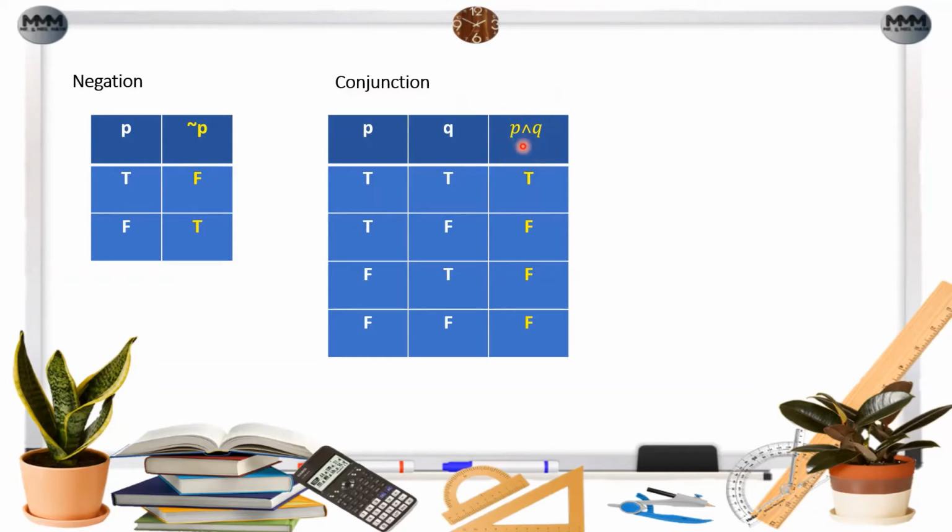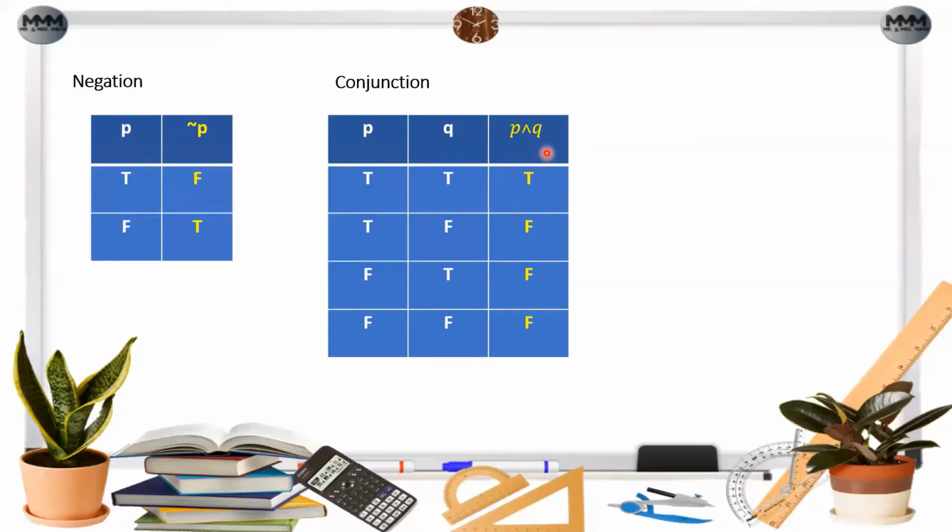So when P and Q are true, then this proposition is true.